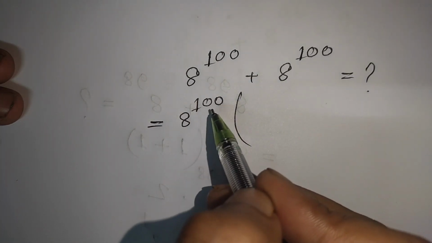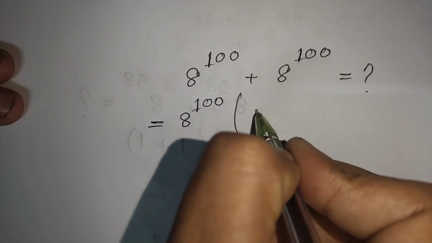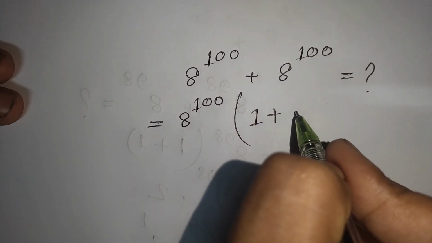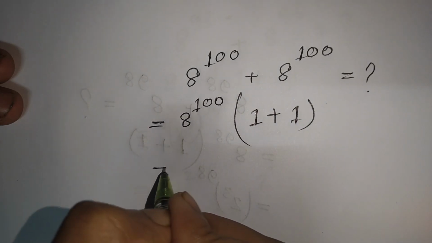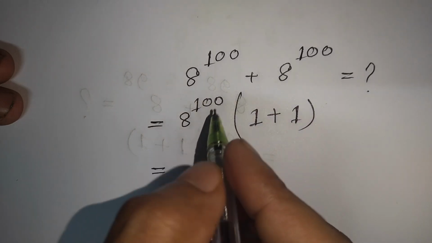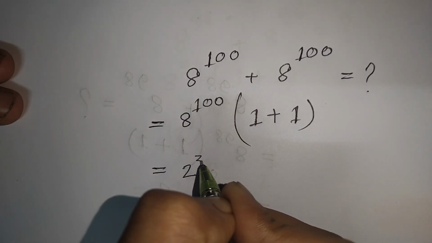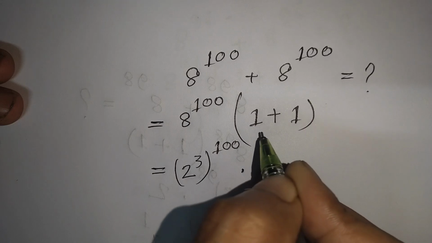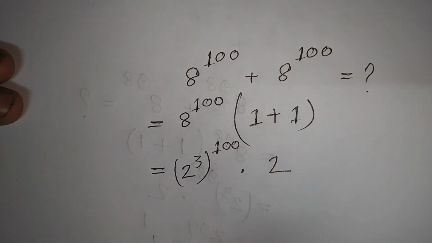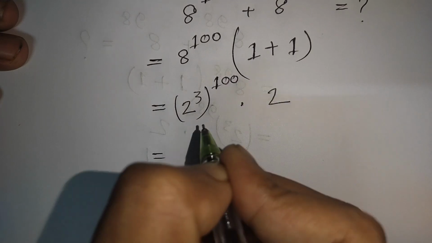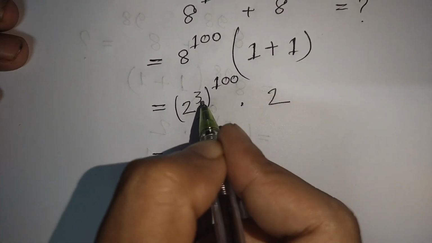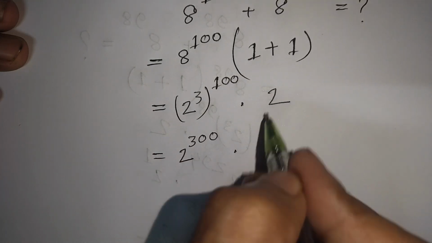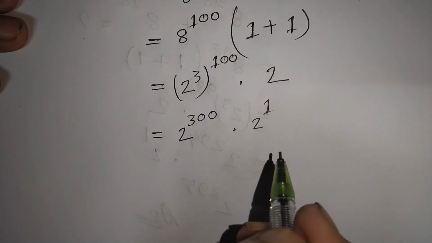Then 8 power 100 divided by 8 power 100, that means 1, plus 8 power 100 divided by 8 power 100, that means 1. 8 power 100 is the same as 2 to the power 3 bracket power 100, times 1 plus 1, that means 2, is equal to 2 to the power 3 times 100, that means 300, times 2, which is the same as 2 to the power 1.